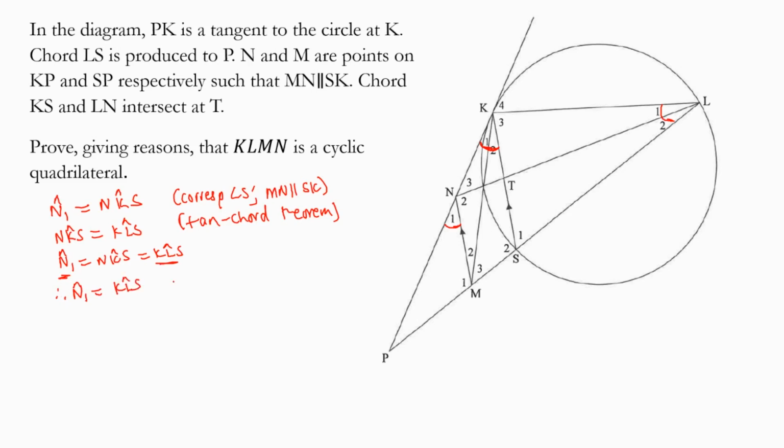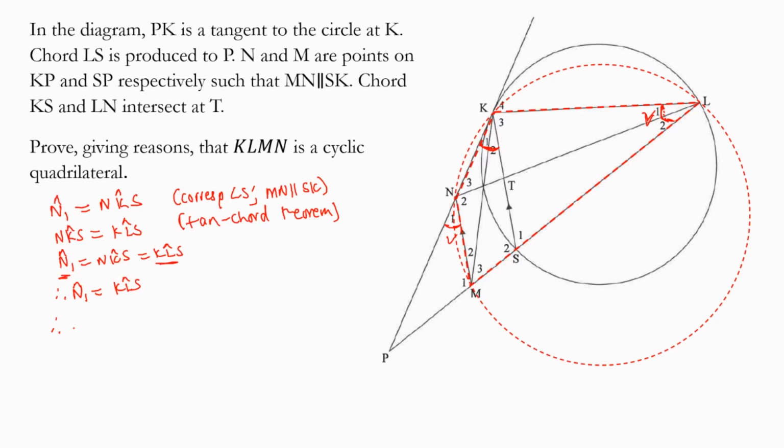And then if we check, we're talking about this quadrilateral, which is KLMN. You can see that angle N1 is an exterior angle that is equal to the opposite interior angle. You see that? This angle and this angle are equal. So we can conclude and say KLMN is a cyclic quad because the exterior angle is equal to the opposite interior angle.